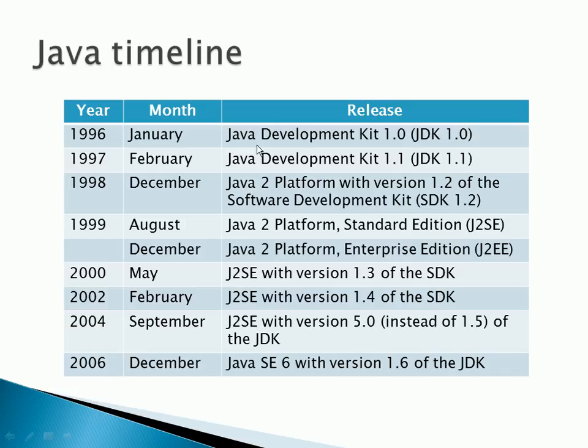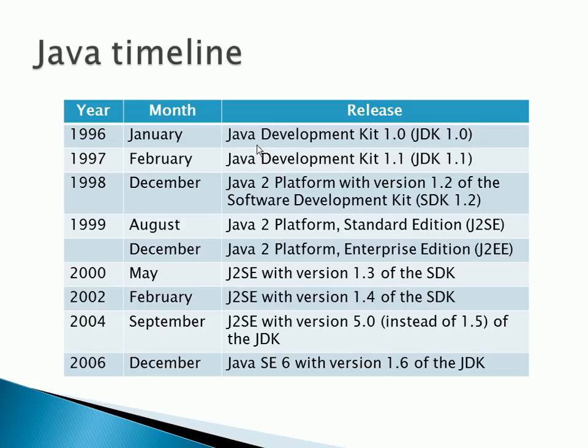The Java Development Kit 1.0 was introduced in January 1996. Subsequent improvements to the JDK were introduced in 1997, 1998, and 1999. And in December of 1999 the first version of the Enterprise Edition was introduced.